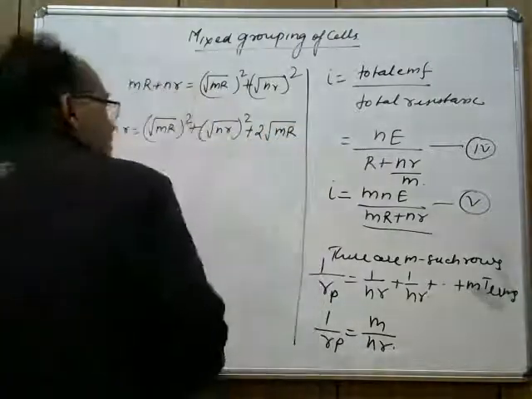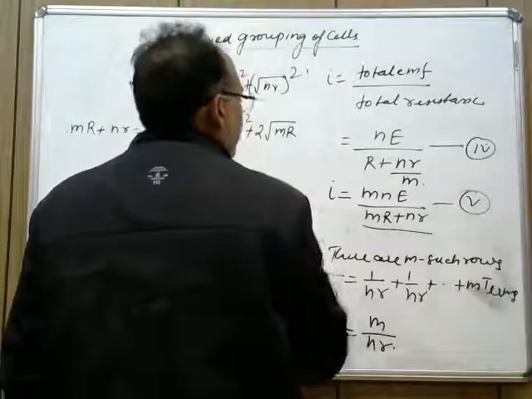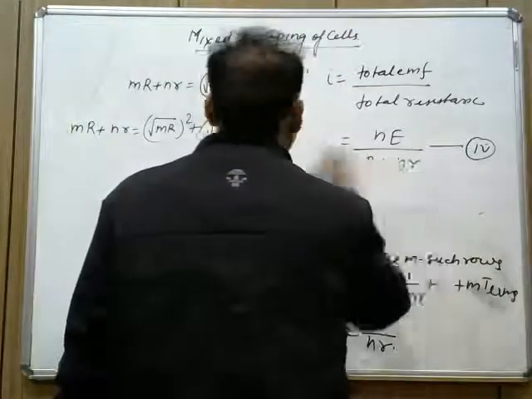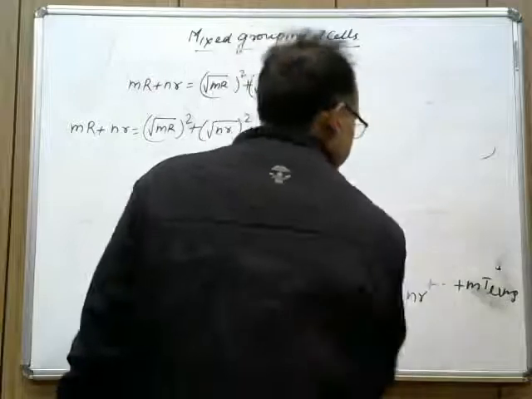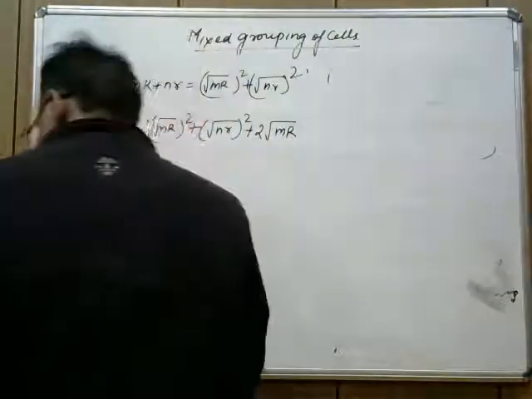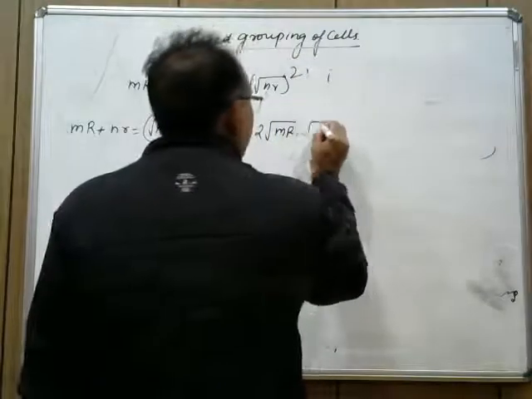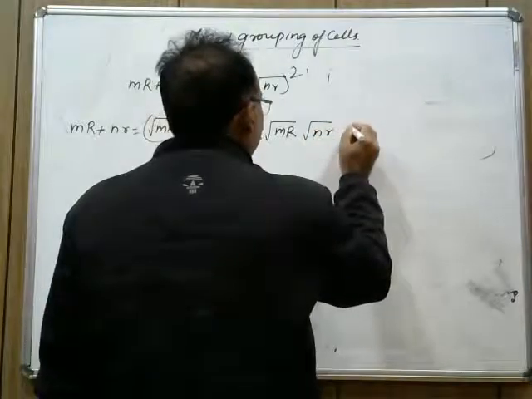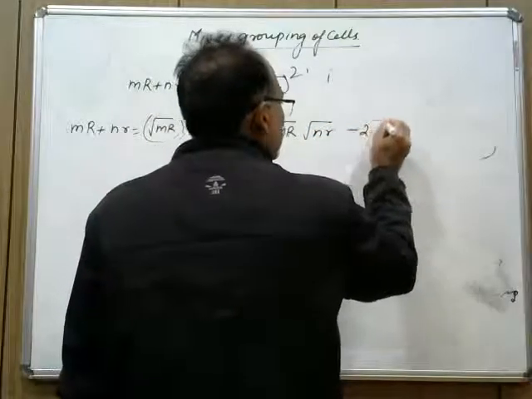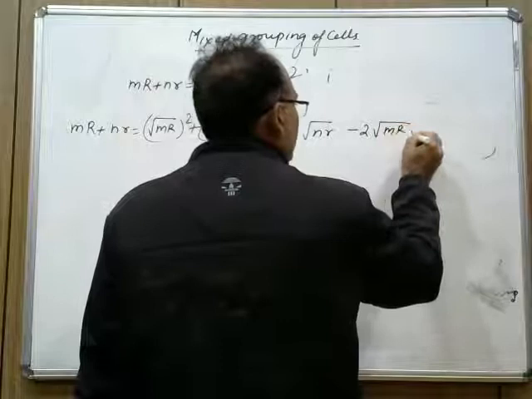So we can rub this, minus twice under root mR root nr.